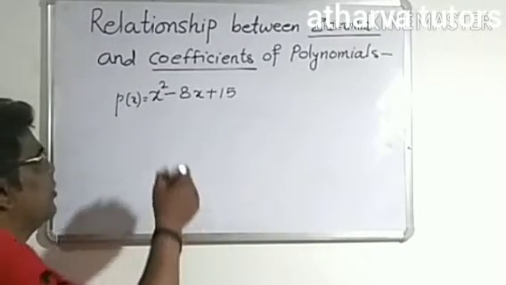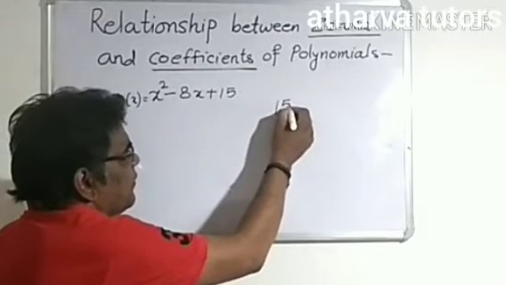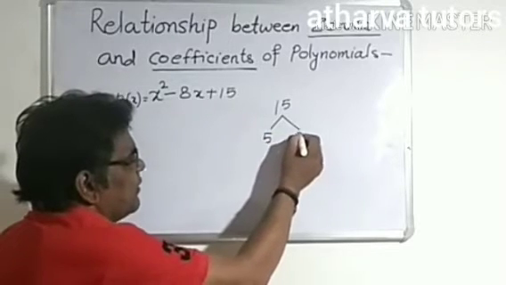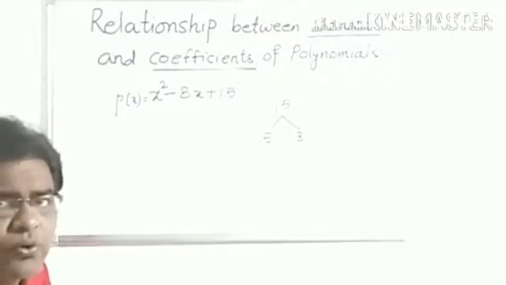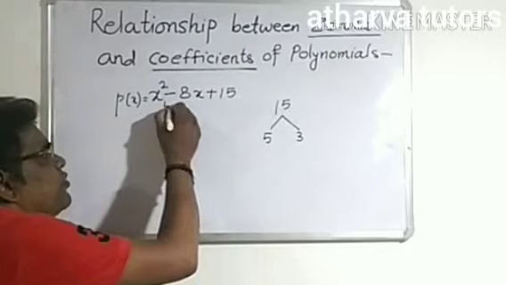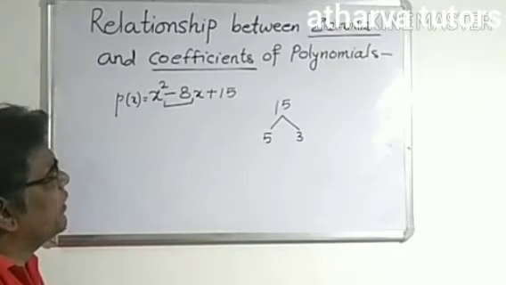Now this 15 we can write as 5 times 3, which is 15. We know 5 and 3 will give you 8, but what we should get is minus 8.